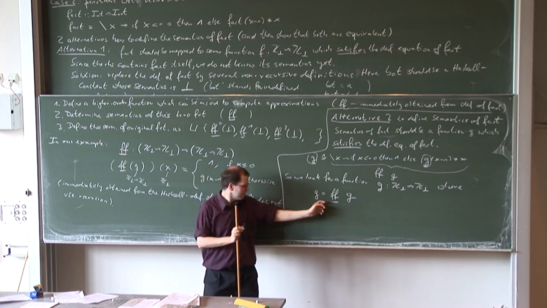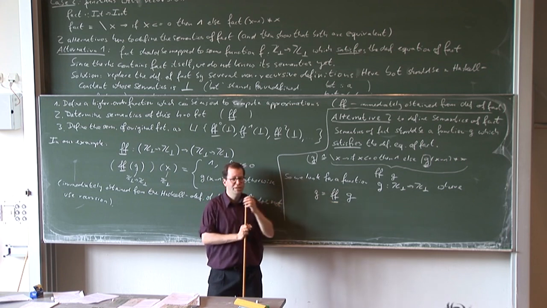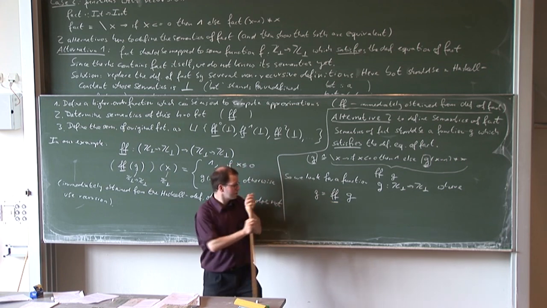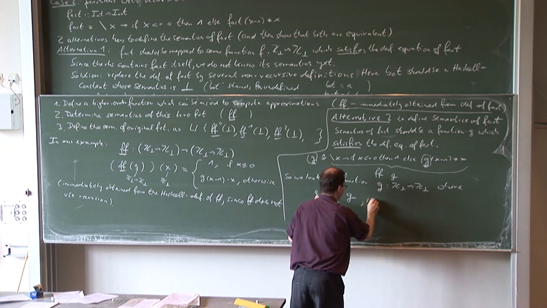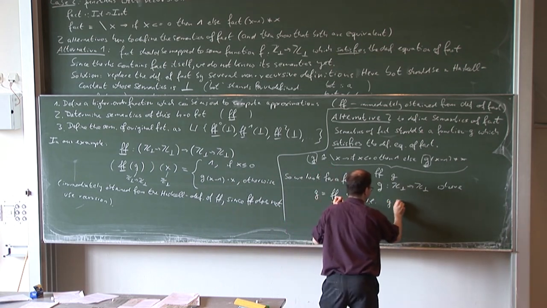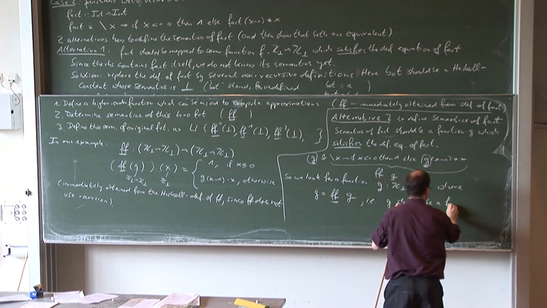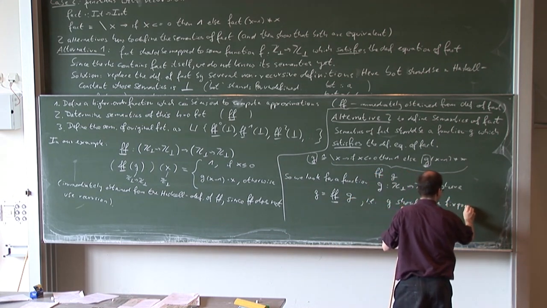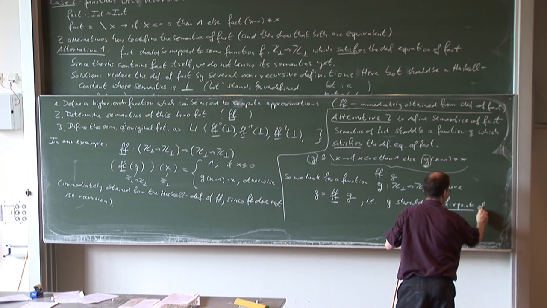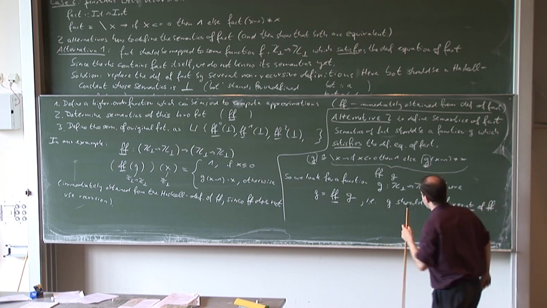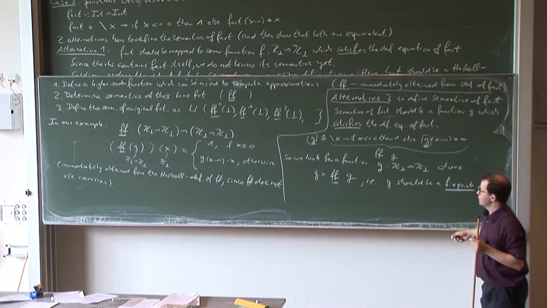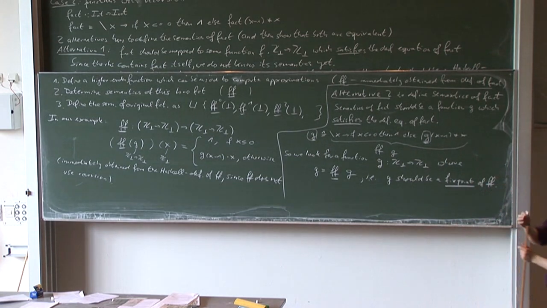Okay, if you look at this, ff of g should be g. Something like this is called a fixed point. So in other words, g should be a fixed point of ff. In general, if you have a function, then an argument is called a fixed point if applying the function to this argument gives you this argument again.